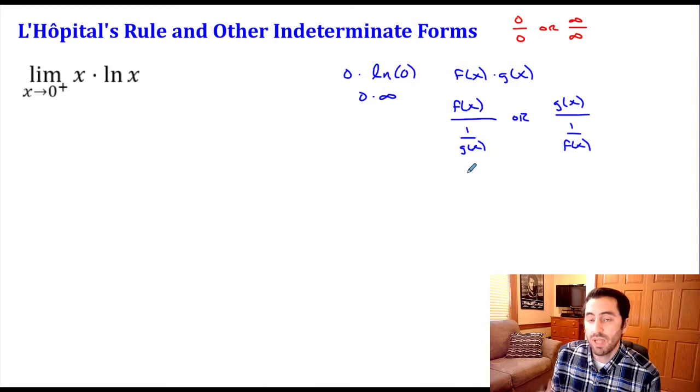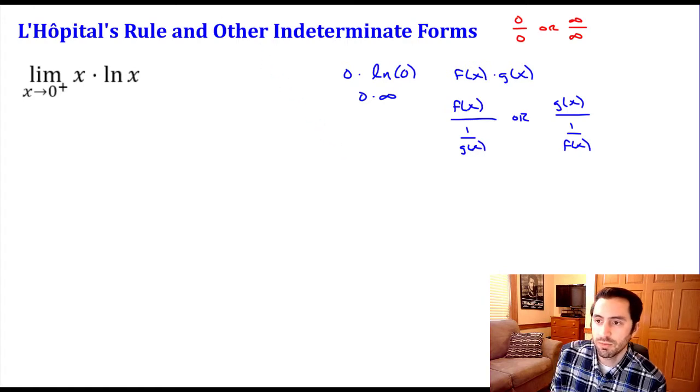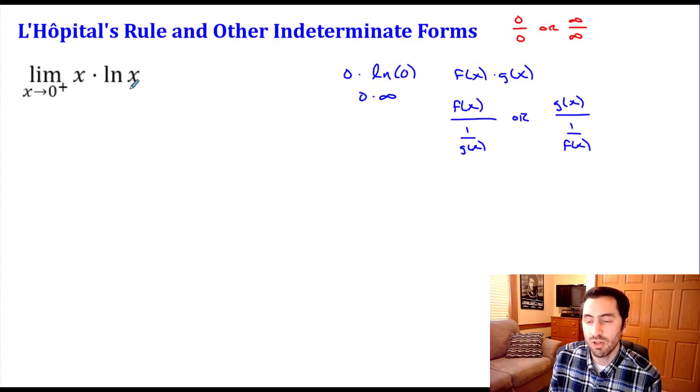Written like this, though, we have our fraction, and we should end up with something that is 0 over 0 or infinity over infinity. Now, the one that you want to choose, you can use either one, but oftentimes there's one that's going to be easier to find the derivative of. So in our example, I have x and the natural log of x.